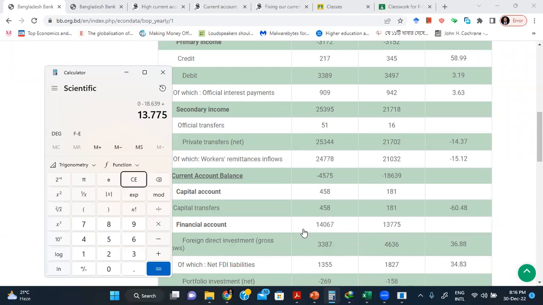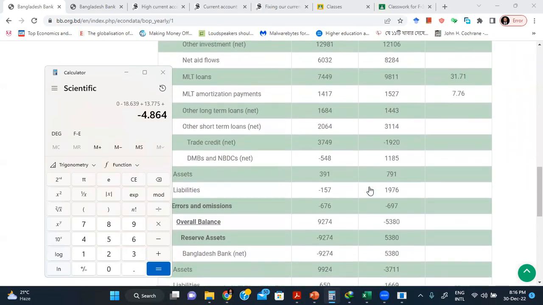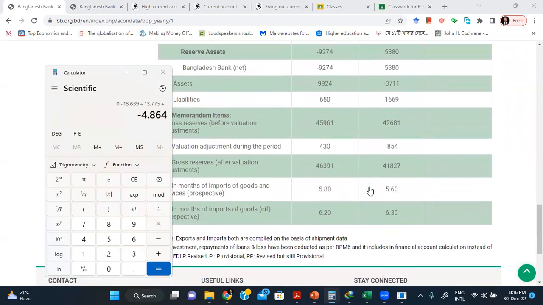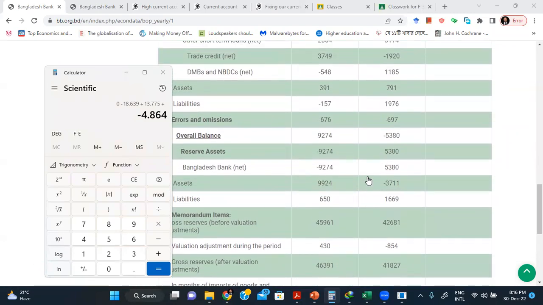Then what do we need to add? Can you remind me? With this, what do we need to add to get the overall balance? Statistical discrepancy, exactly. You see statistical discrepancy, errors and omissions, this part.